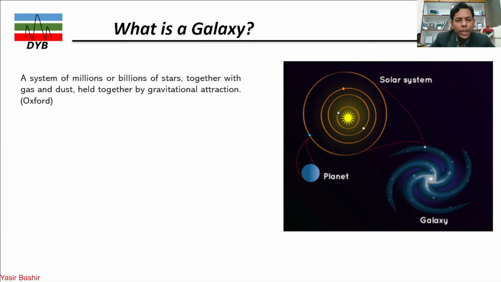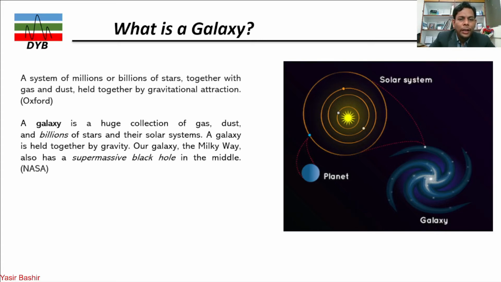This combination of stars, planets, asteroids, meteorites, all the elements together with gas and dust, is what makes the galaxy. This was the definition we got from Oxford.